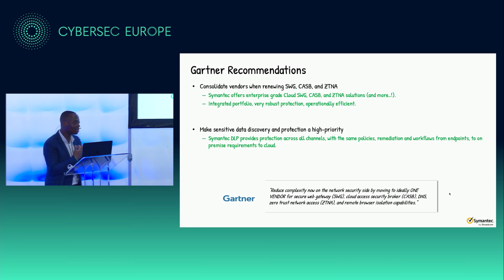If you look at Symantec and Broadcom in general, we have those solutions. We can provide you the secure web gateway, and we have the CASB solution, which we had really before Gartner was talking about the SASE framework. We also have the ZTNA, so look at it and order more solutions.